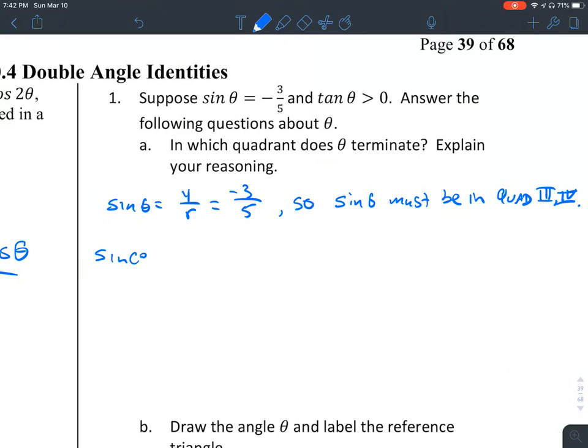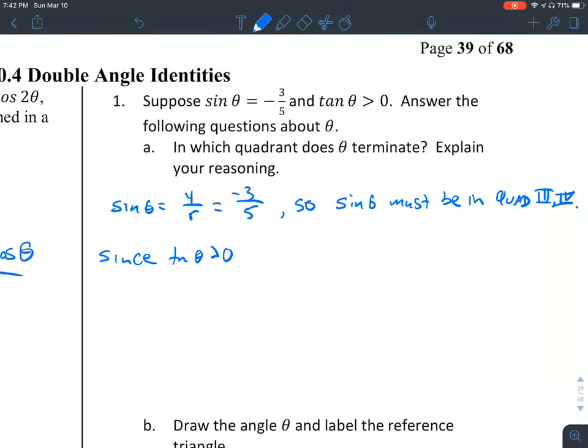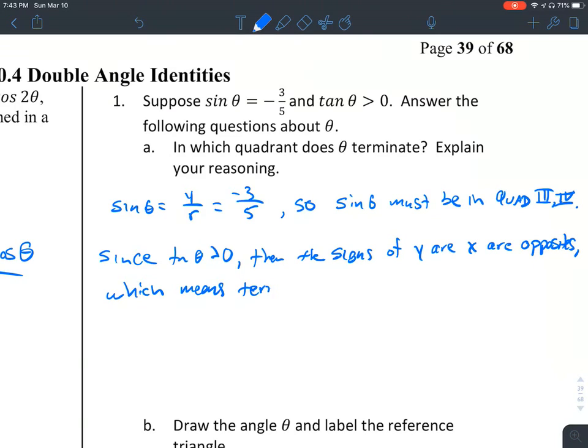Since tangent of theta is less than 0, that means that the signs of y and x are opposites, which means our terminal side... Now, when are x and y different signs?